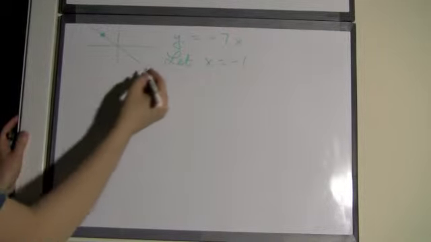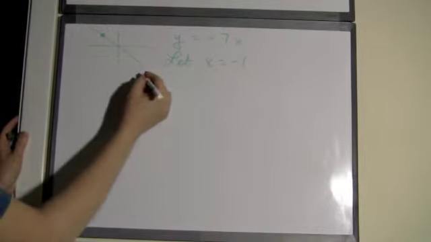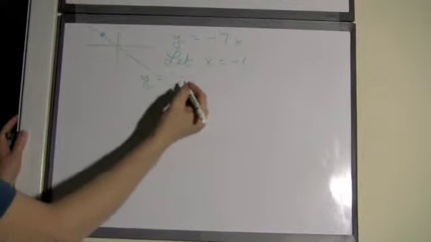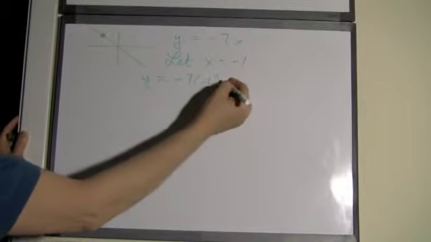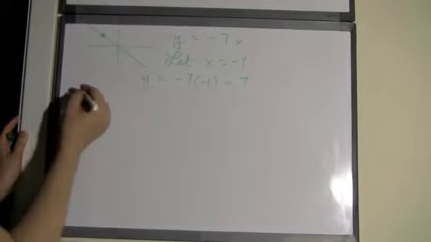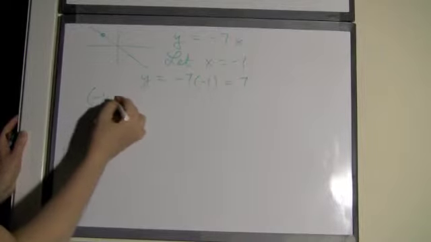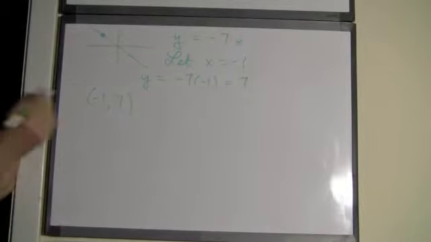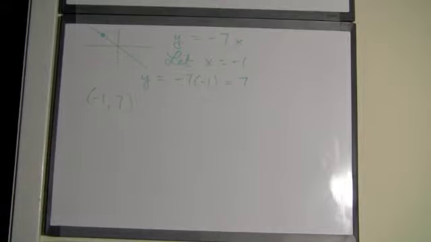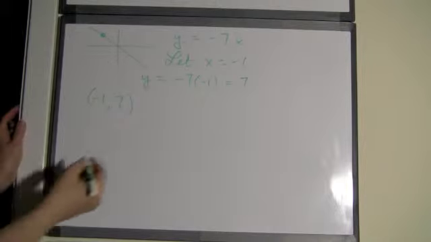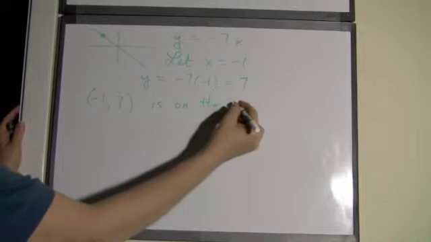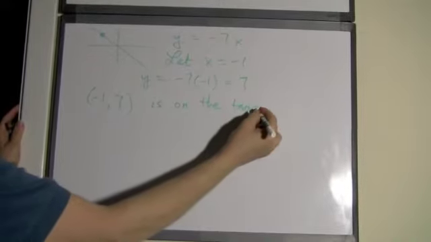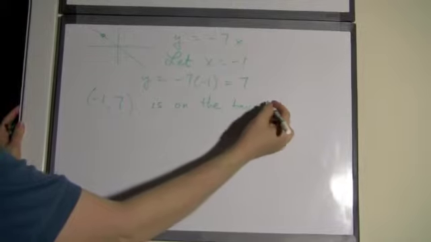If we replace x in our equation with negative 1, we find that a point that satisfies this condition would be negative 1, comma, positive 7. So the point negative 1, 7 lies on the terminal side of theta.